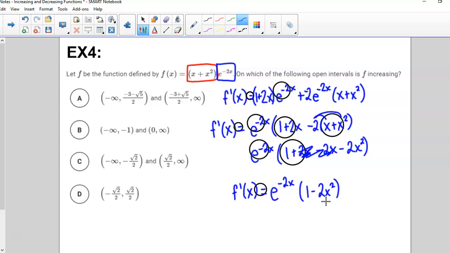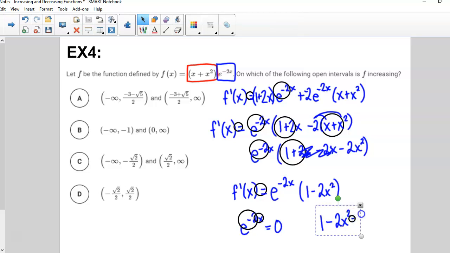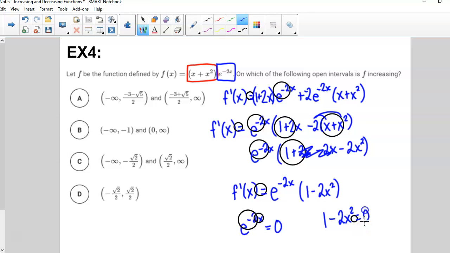Okay, so for this one, you set this equal to 0, and since it's already factored, each of these two parts is set equal to 0: e to the negative 2x equals 0, and 1 minus 2x squared equals 0.